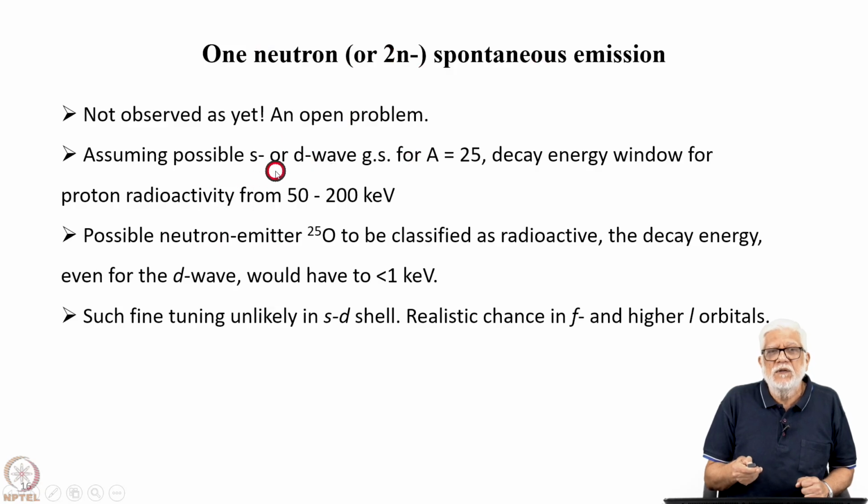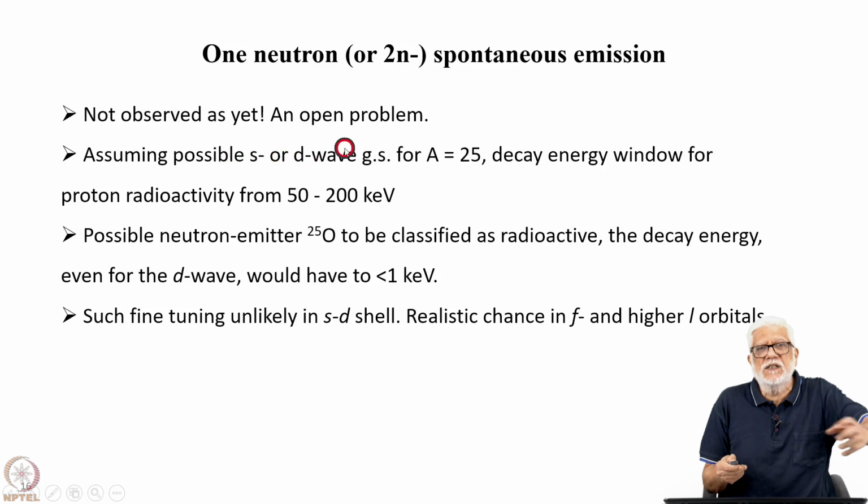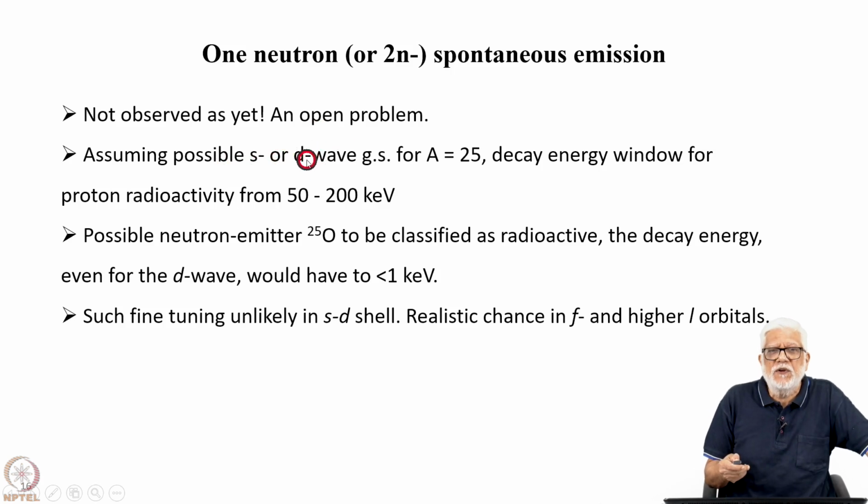Now, since the neutron does not have a barrier due to the Coulomb potential, being electrically neutral, the only barrier that it can have which can sustain this for a long enough time for it to be observed would be, let us say, an L barrier, okay.